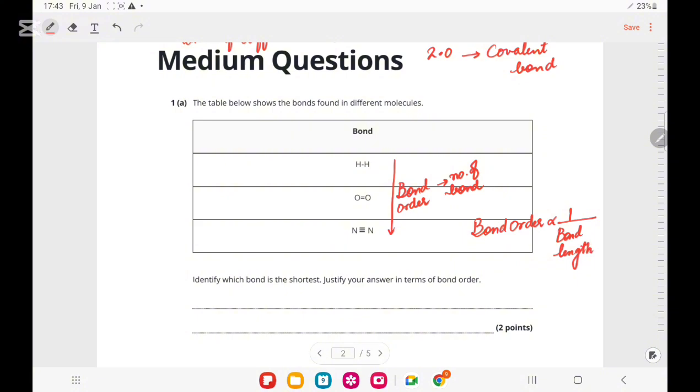Greater the bond order, smaller will be the bond length. So because of this, N triple bond N has the shortest bond length.